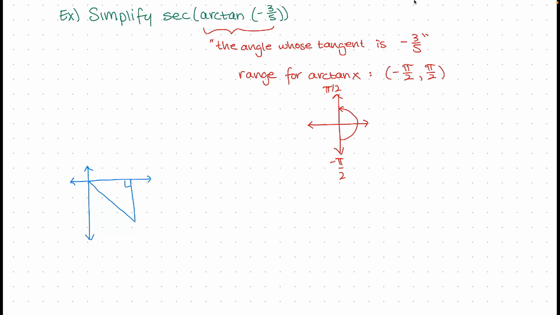Now, I need to define one of these angles. So I am actually going to say let theta equal arctan of -3/5, so I know what I'm dealing with. And where do I have to label theta on this triangle? Any ideas?